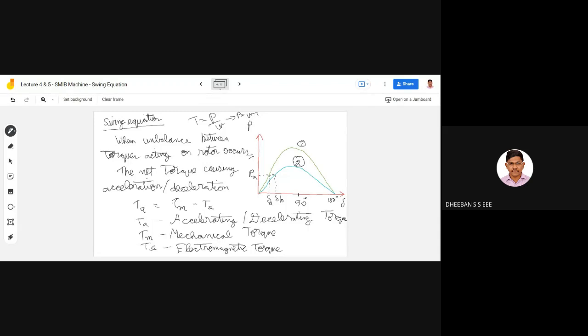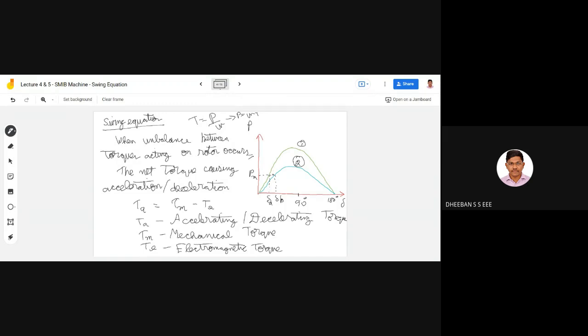So I have started the swing equation, but I didn't tell you the necessity of this swing equation. Why you have to know about this swing equation and where it will be used in particular, I didn't give specification with respect to that. Now I'll be telling you this.